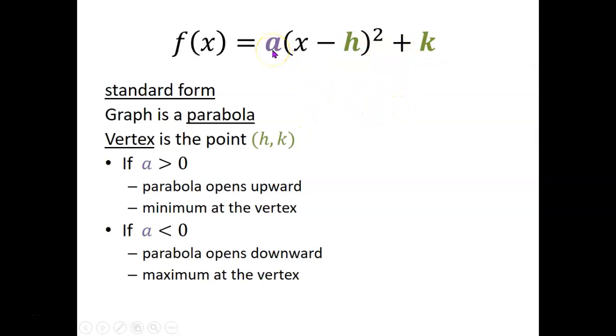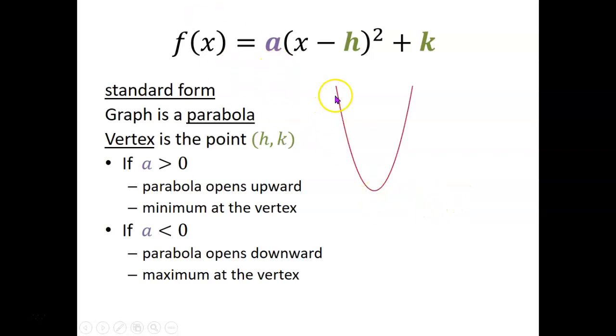And then this number a out in front here tells you which direction the parabola is opening and sort of how it's stretched. So if a is a positive number, then you have a parabola that opens upward. And then you would have a minimum at the vertex. That would be the lowest point on the graph.